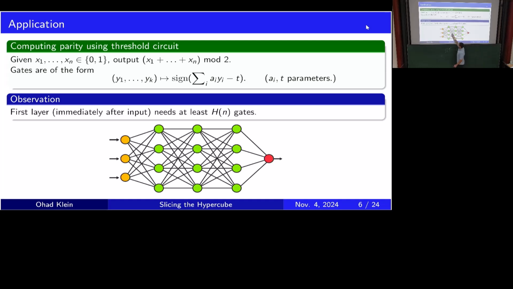Suppose you have less than h of n gates in the first layer of the circuit, then you can consider the f spaces that they define, and because the number of these gates is smaller than h of n, there are going to be two adjacent vertices in the hypercube for which the first layer of this network is going to be the same for these two vertices.